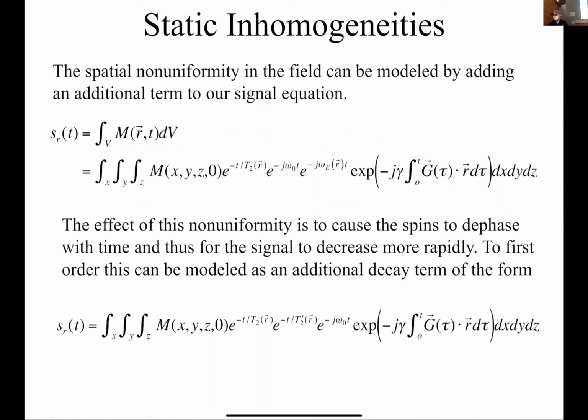So that's just shown here, where previously we've only talked about T2 decay. Now we're going to add this term T2 prime to account for this added decay due to static inhomogeneities. So this T2 was due to random tumbling, that's from random motion. This T2 prime is actually static inhomogeneities.